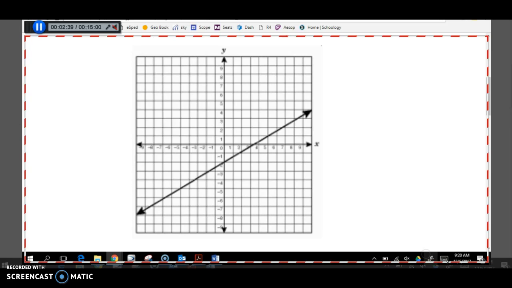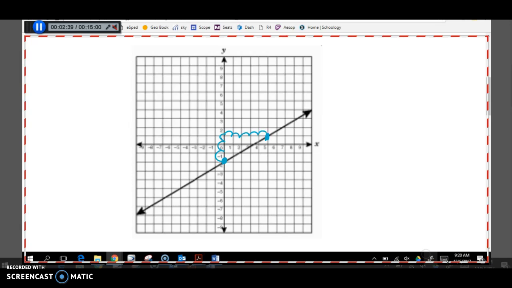So I can see points right here, go down to -2, and then it looks like if you go to 5, 1, there's another point there. And then you can look at what the slope is. So count your rise, and then your run.